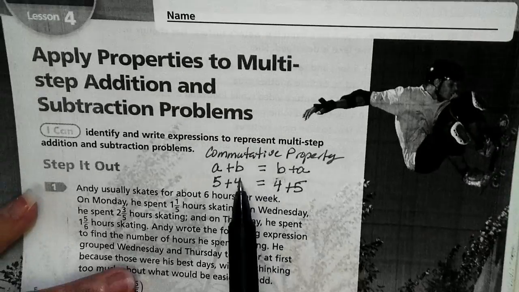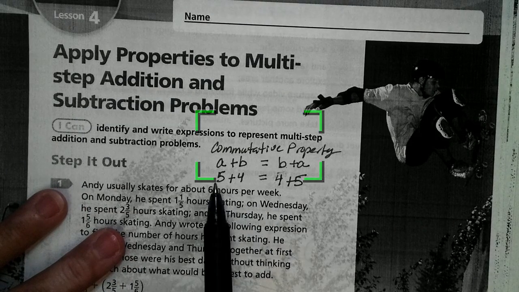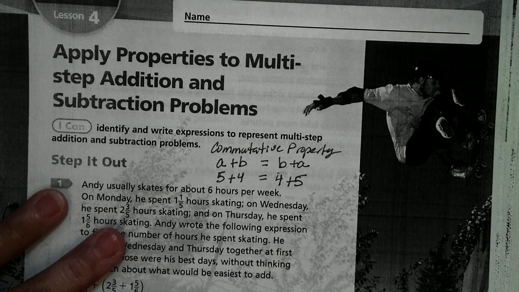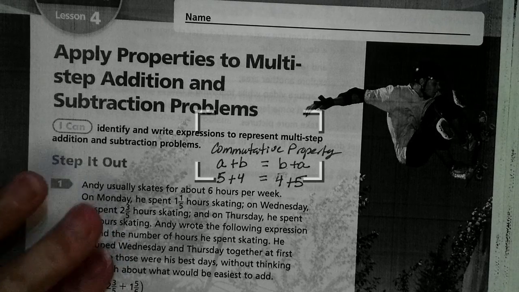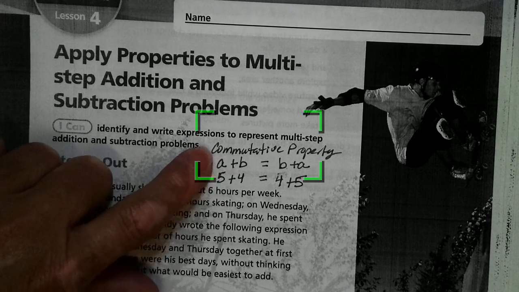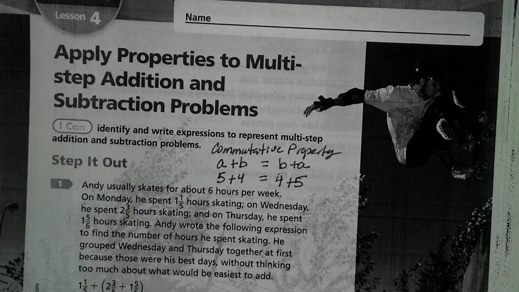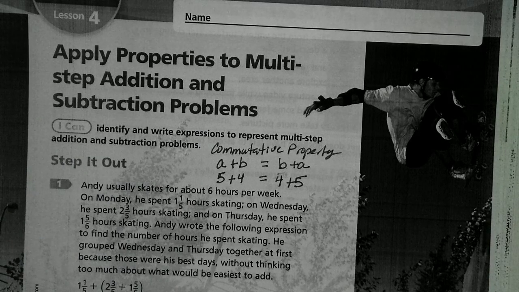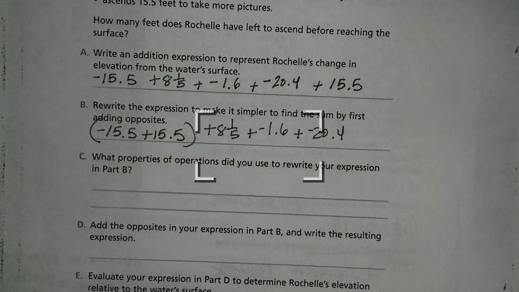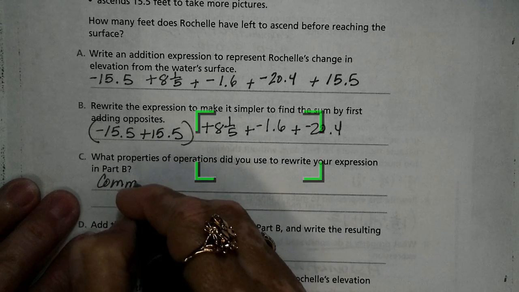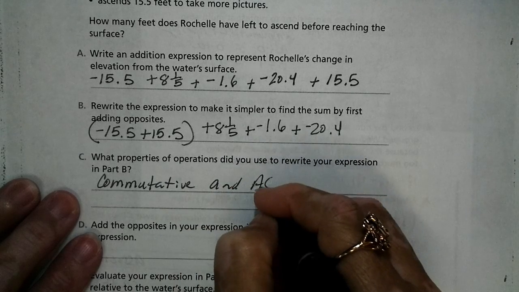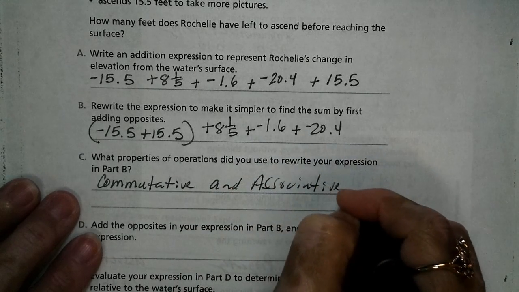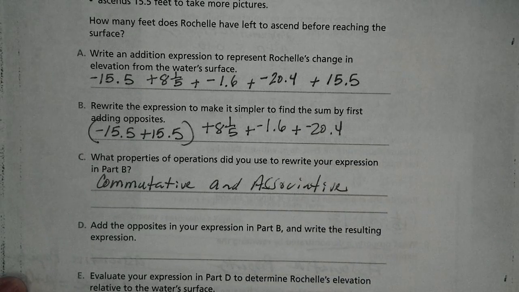But when I rearrange numbers, what property is that? It's right here. Yes. So we are going to use the commutative and the associative. Alright?